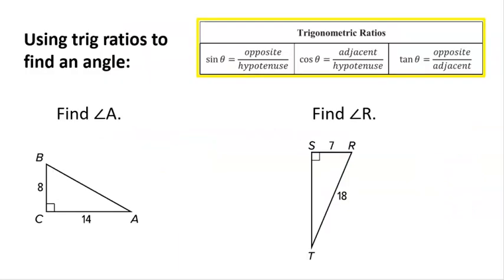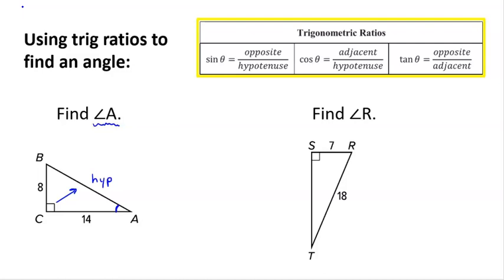Now let's get into using trig ratios to find an angle measure. I still like to label my hypotenuse, and this is talking about angle A. So we're talking about in reference to angle A. You can name this theta, or you can just mark it. So I'm going to mark angle A as my reference angle.